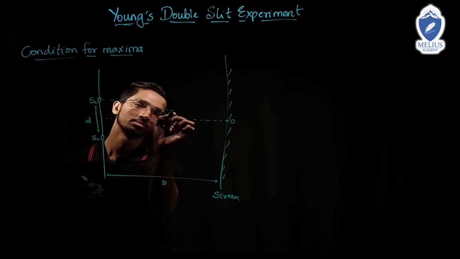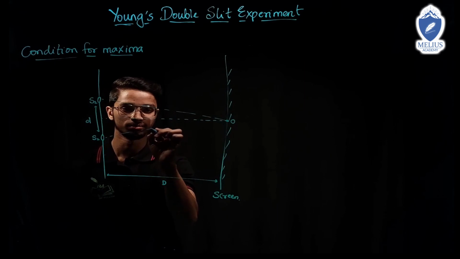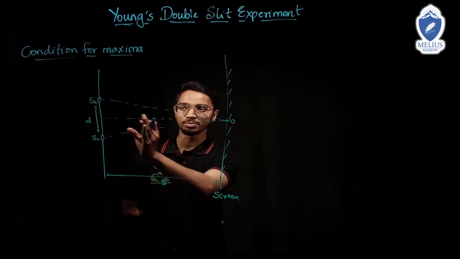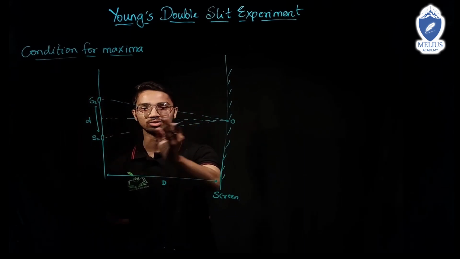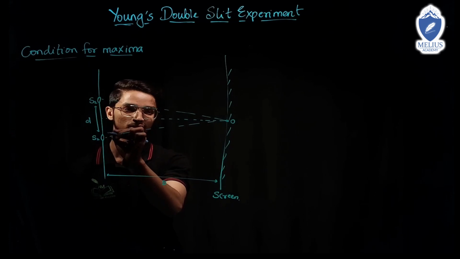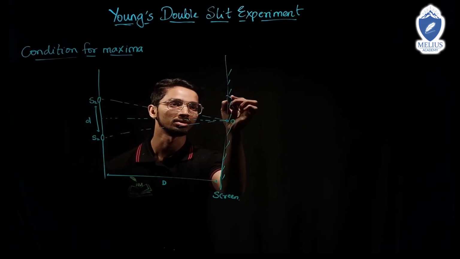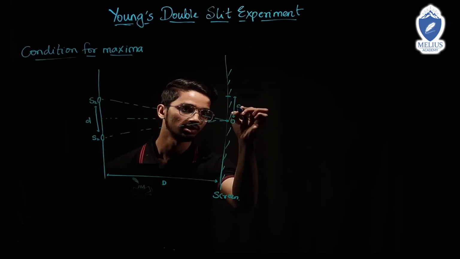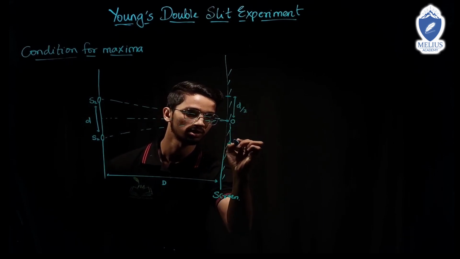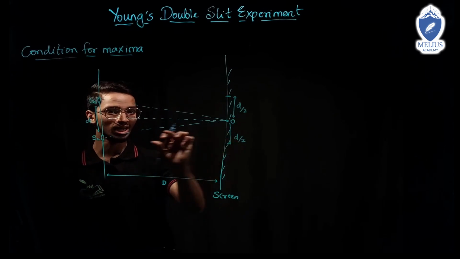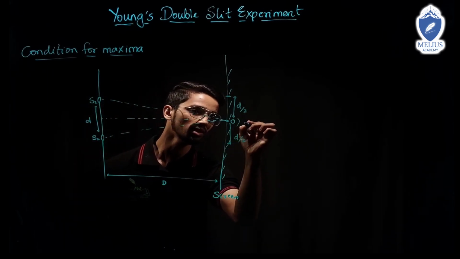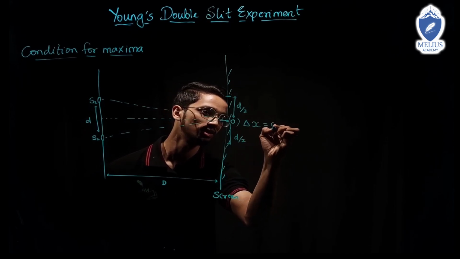From here to here and here to here, is there any path difference? Path difference means the actual path traveled. Both are traveling the same path, right? The distance from here to here is d by 2, and here to here is also d by 2. So at this point the path difference delta x is 0.